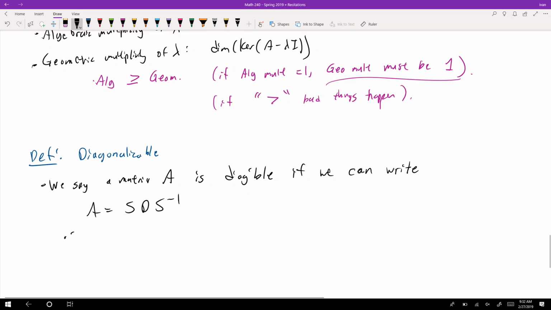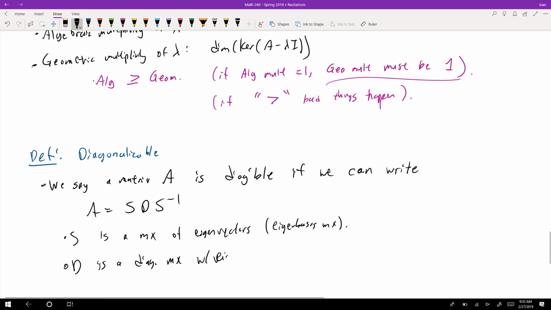S is going to be a matrix of eigenvectors. You can think of it as your eigenbasis matrix. D is a diagonal matrix with your eigenvalues on the diagonal.